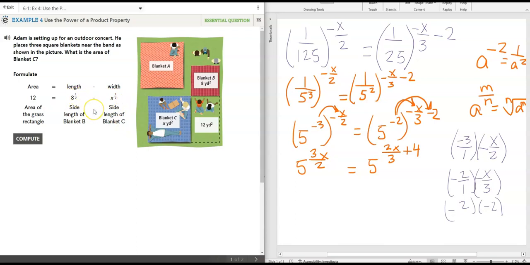Notice though that normally you would probably have used square roots to find it, because the area of a square is x squared equals area. And so if I know the area is 8, then the side length would be the square root of the area.